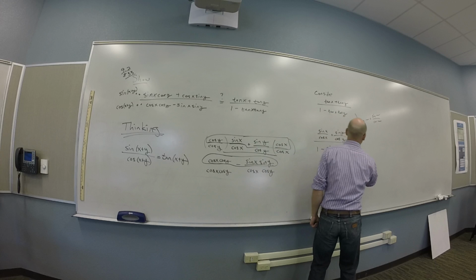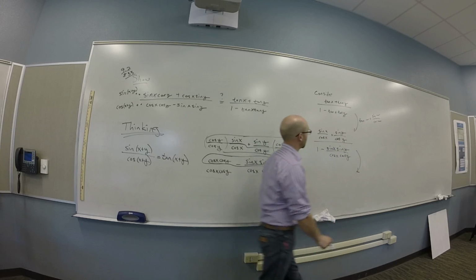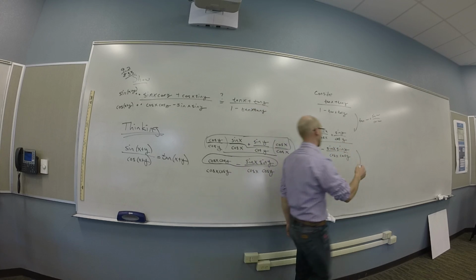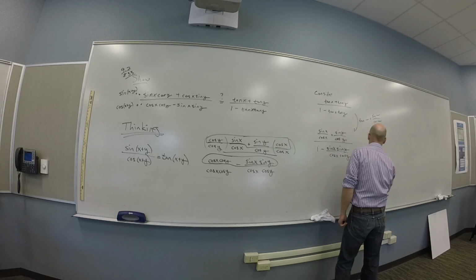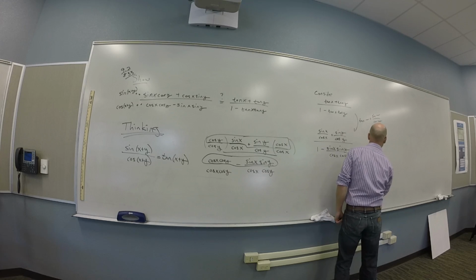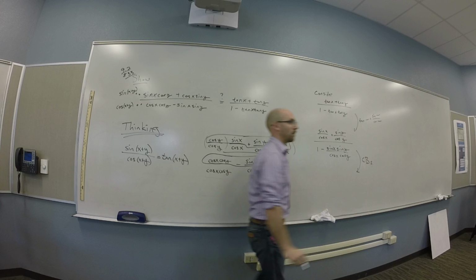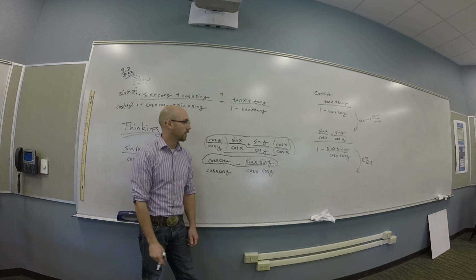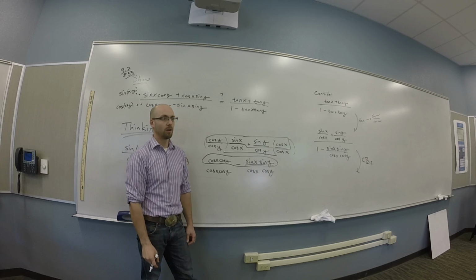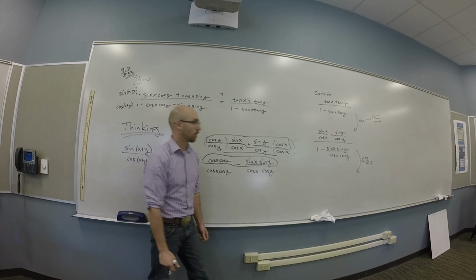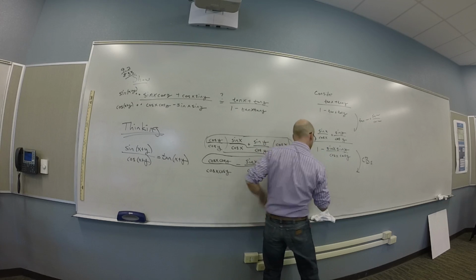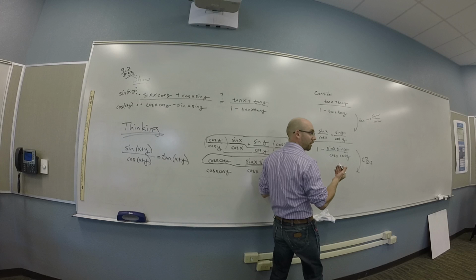And then what's the justification for this next step going to be? What am I going to do? Yeah, common bottoms, right? And what Gabe says about 1 being cosine x cosine y over cosine x cosine y is exactly right. So I'm just going to put all that common bottom stuff in here right away because I did it over here, so I know what the answer is going to be.